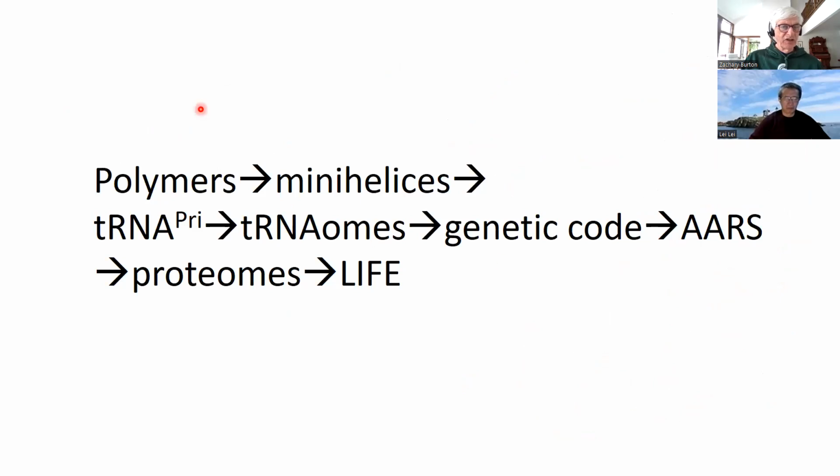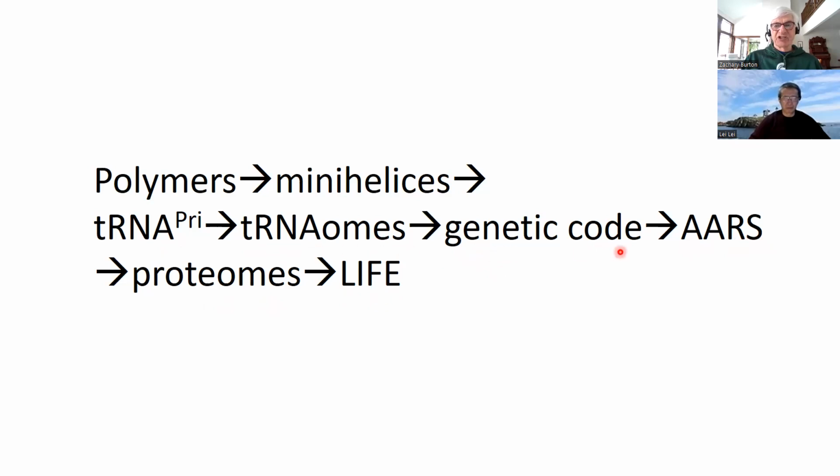What I think I've told you is that polymers, regular polymers, repeats and inverted repeats, go to regular minihelices, repeats and inverted repeats, stem loop stems, and then you go to primordial tRNA, type 1 and type 2, and from that you go to tRNAomes, all the tRNAs of an organism. From that, genetic code, aminoacyl tRNA synthetase enzymes, proteomes, and eventually to life.